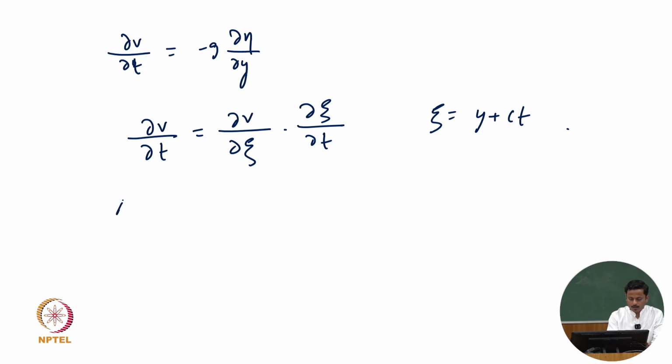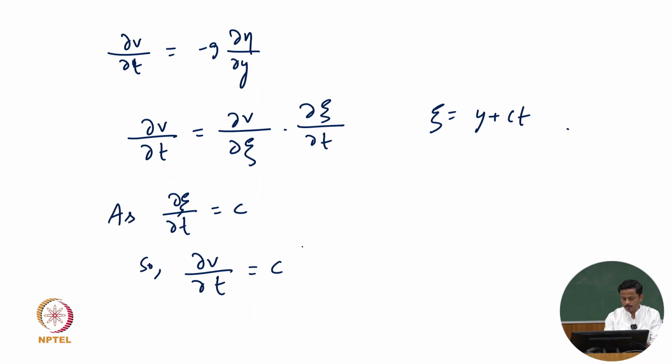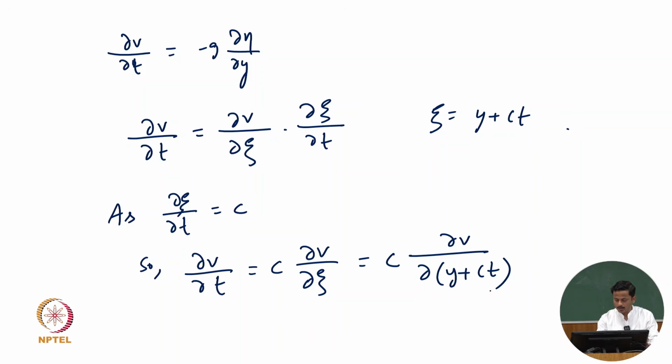Now d xi by dt is equal to c, so del v by del t is equal to c del v by del xi. This is equal to c del v by del (y plus ct), and this is equivalent to having c del v del y.